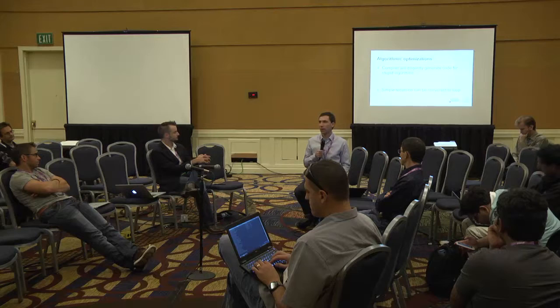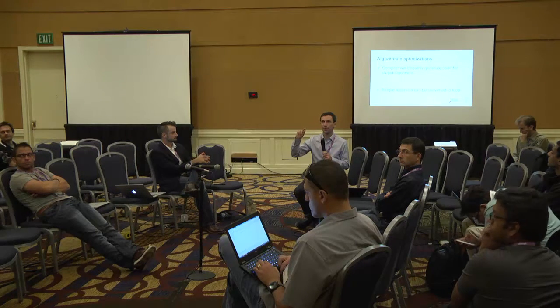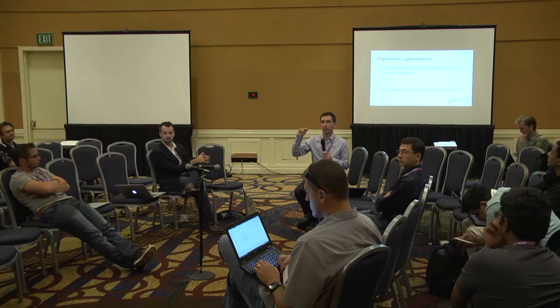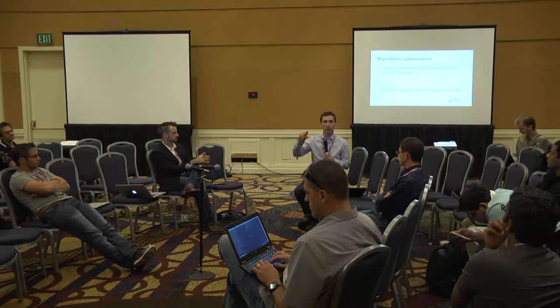I guess one other kind of algorithmic optimization the compiler can do is that if it sees consecutive invocations of sin and cosine functions with the same argument, it will transform that into a sincos invocation, which computes both values with a single function.